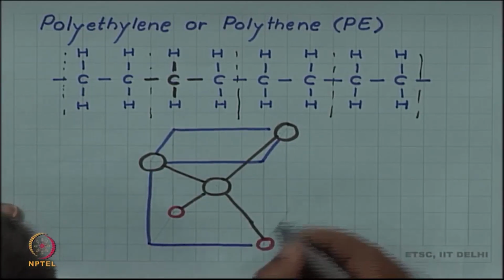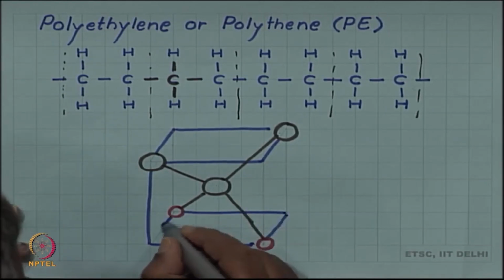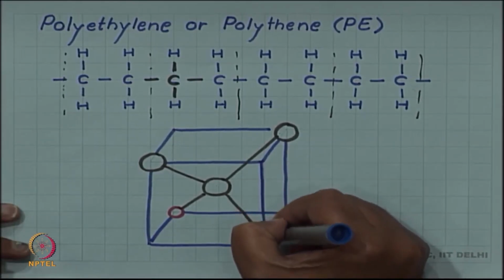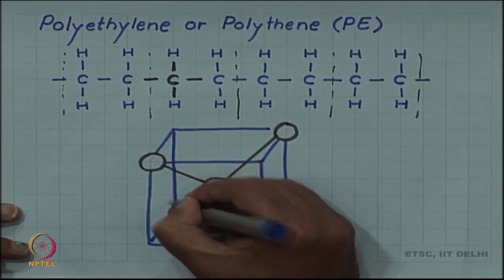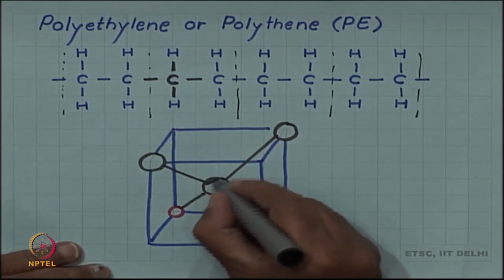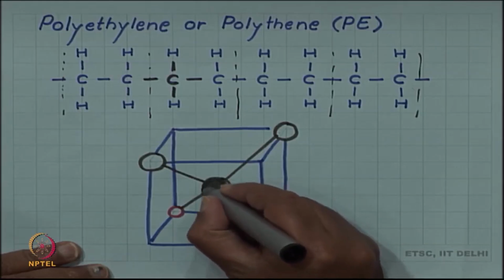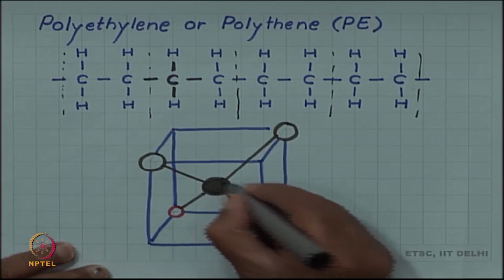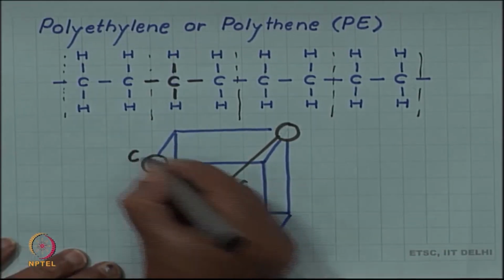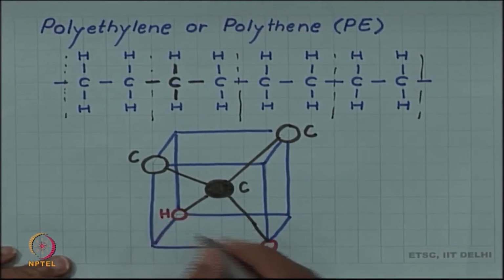Appropriately selected 4 corners, or you can say alternating 4 corners of a cube, define a tetrahedron. So, the central carbon atom, which I now show dark, has its bonds directed towards these corners, and you have carbon at 2 of these corners and hydrogen at 2 others.